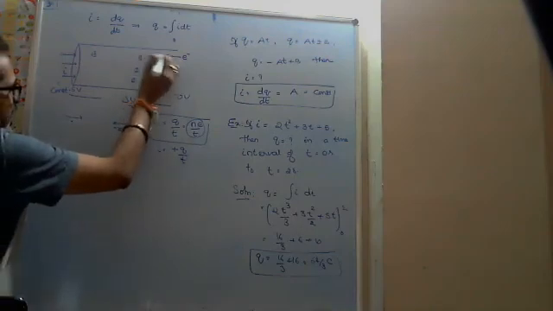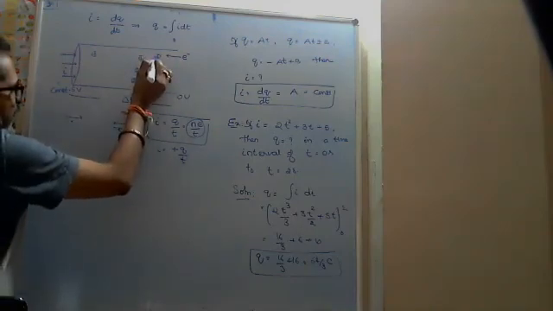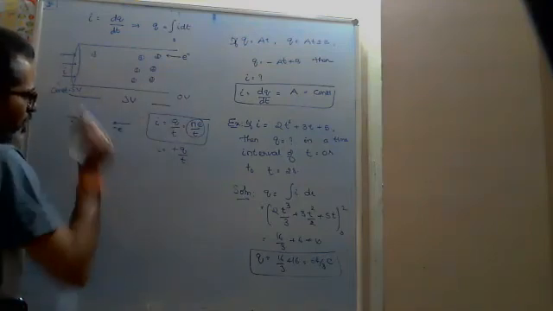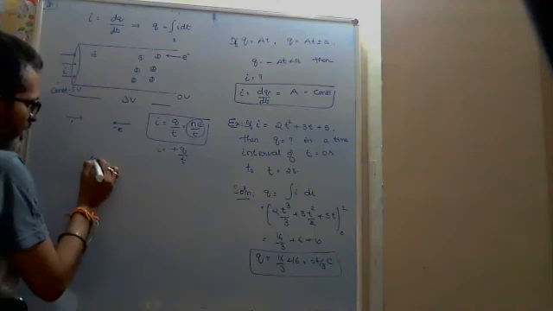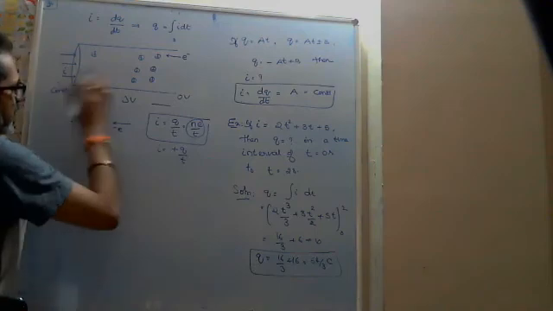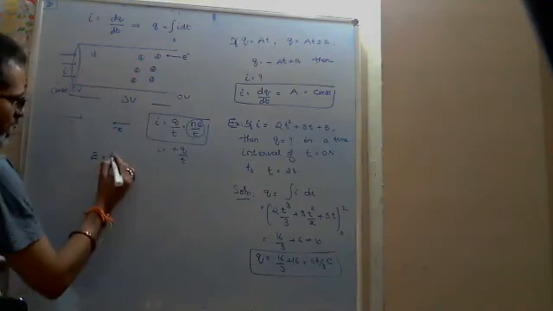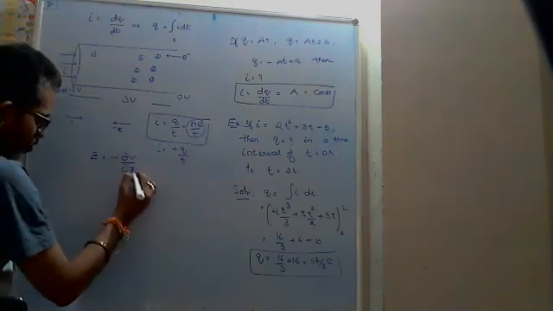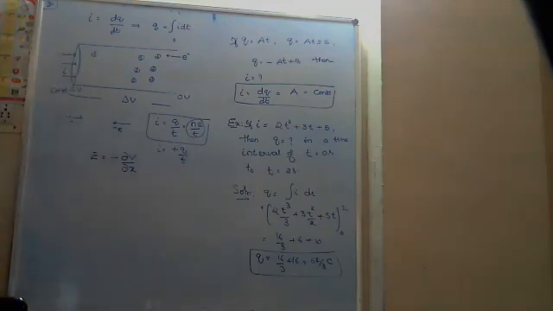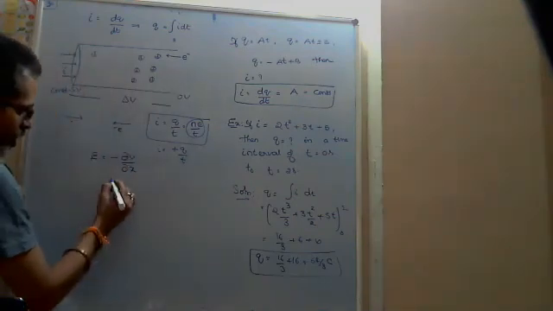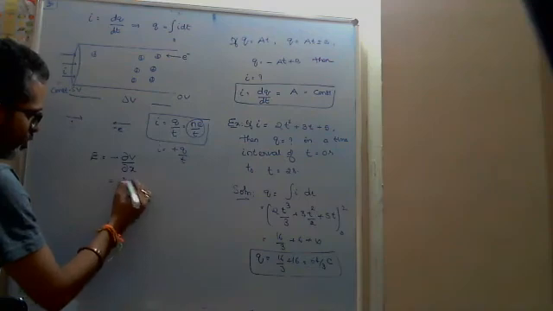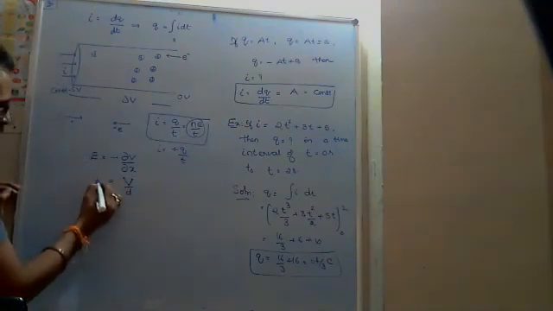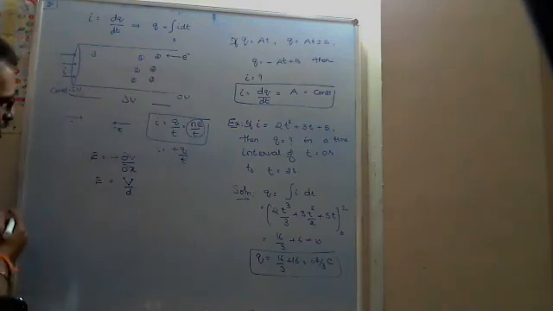While electrons flow from one end to the other end due to the potential difference, some electric field will be generated between the ends of the conductor. You already know this from the chapter on potentials, minus dou V by dou X. And that potential difference is constant, so we write it as V by D, potential difference divided by D. So some electric field is maintained there.